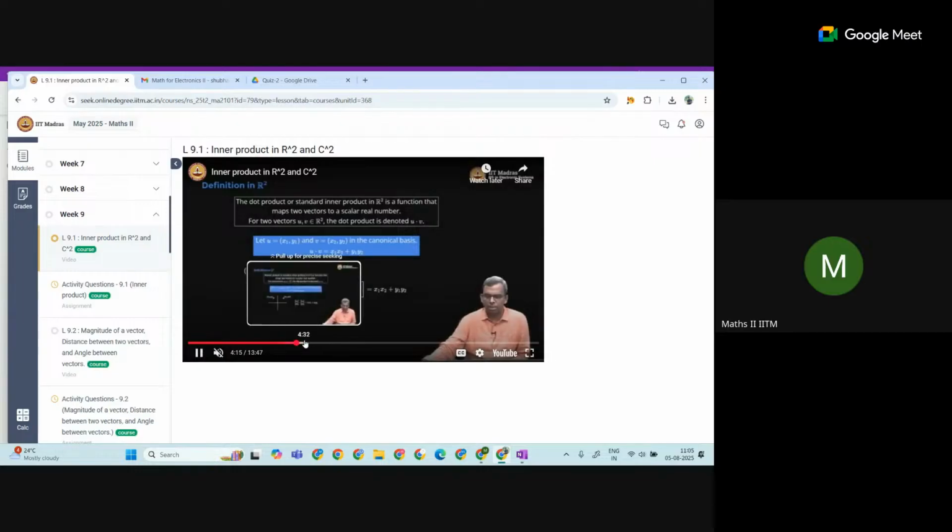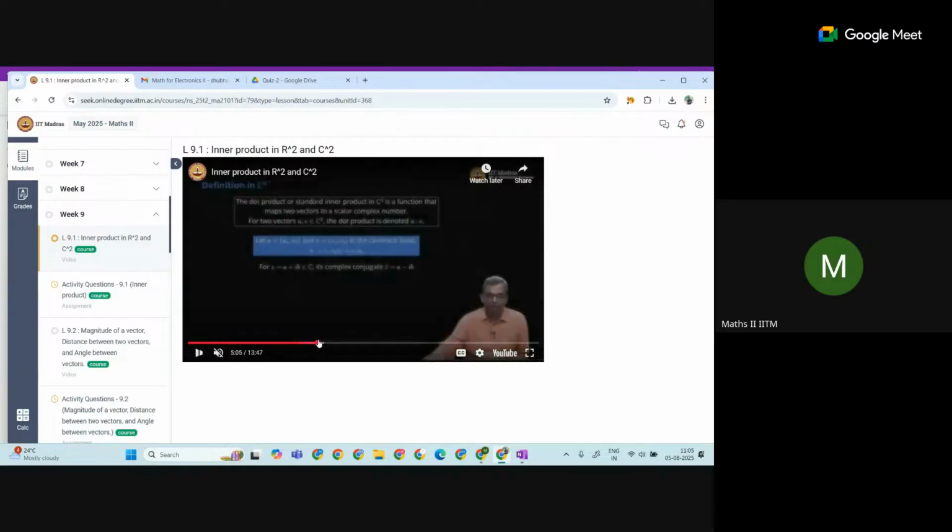Definition in R2. So he didn't use this notation.